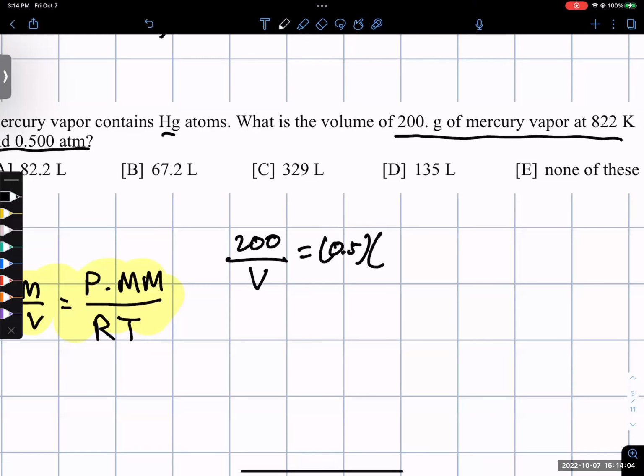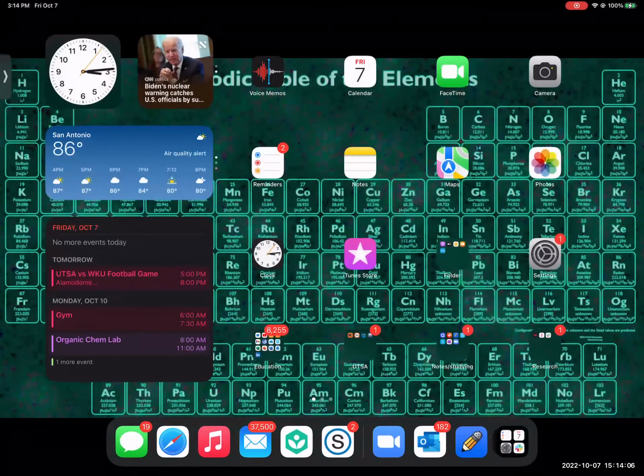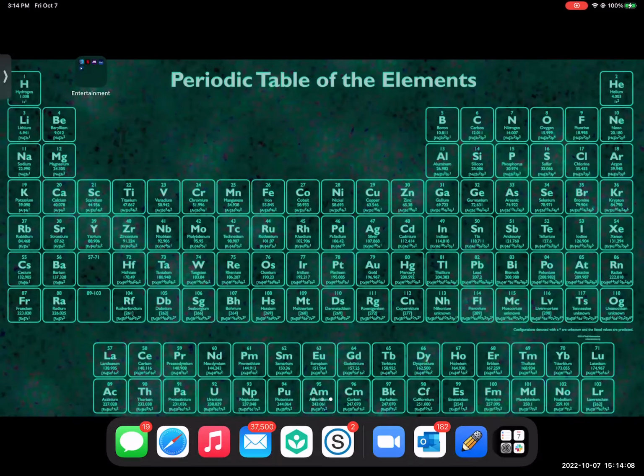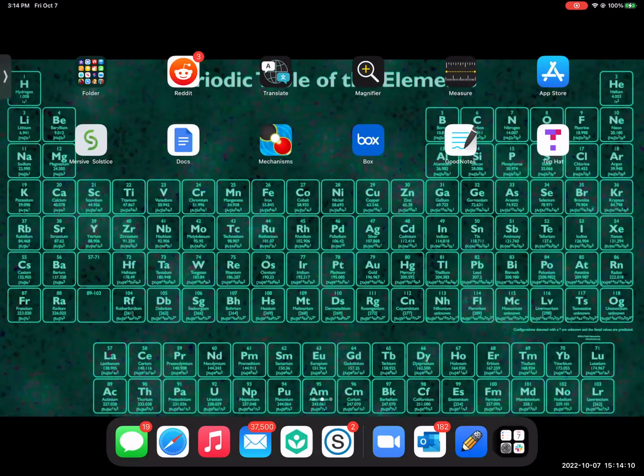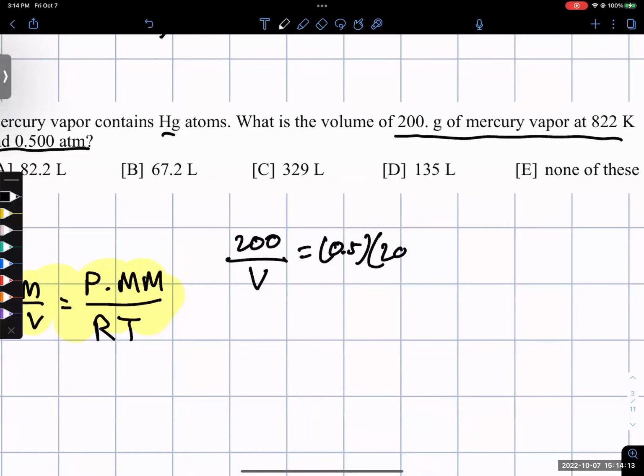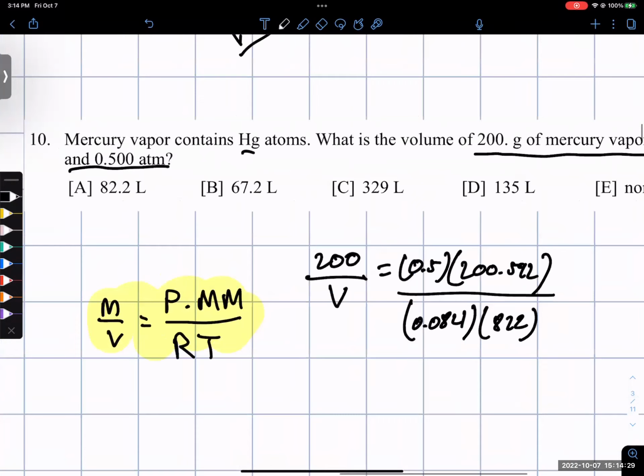The molar mass of mercury is 200.592 grams. Then our R is the same as before, 0.0821, and our T is 822 Kelvin. They were nice to us and gave it to us in Kelvin.